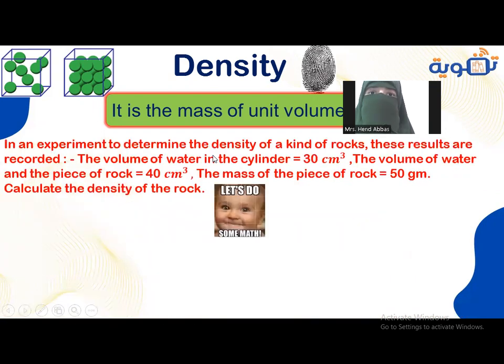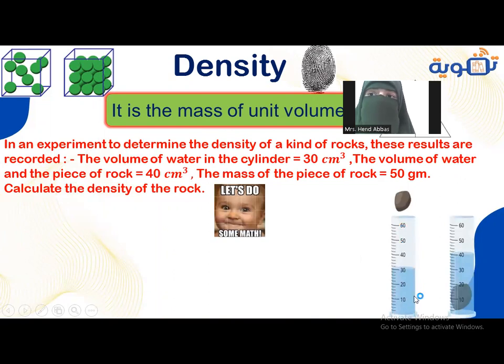Now, let's make this very easy calculation. First, we have a measuring cylinder, and in this measuring cylinder, we have 30 cubic centimeters of water. When we add this rock, the water level increases to 40 cubic centimeters.